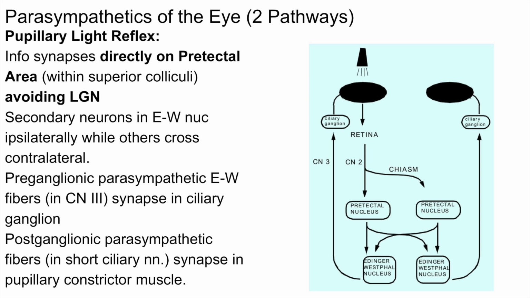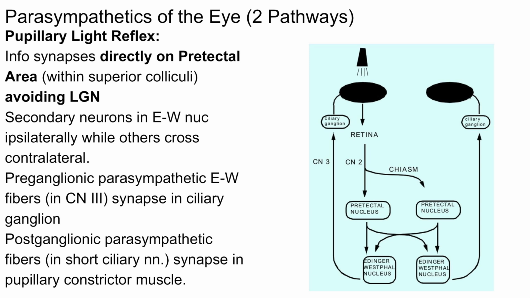If it's a reflex, it's just going to be super, super quick, okay? Visual perception goes to the lateral geniculate nucleus, but reflexes take the shortcut. So light hits the retina and travels through cranial nerve 2, the optic nerve, and instead of going to the lateral geniculate nucleus, those fibers peel off and synapse in the pretectal area of the midbrain near the superior colliculus, which is responsible for our visual reflexes, okay?